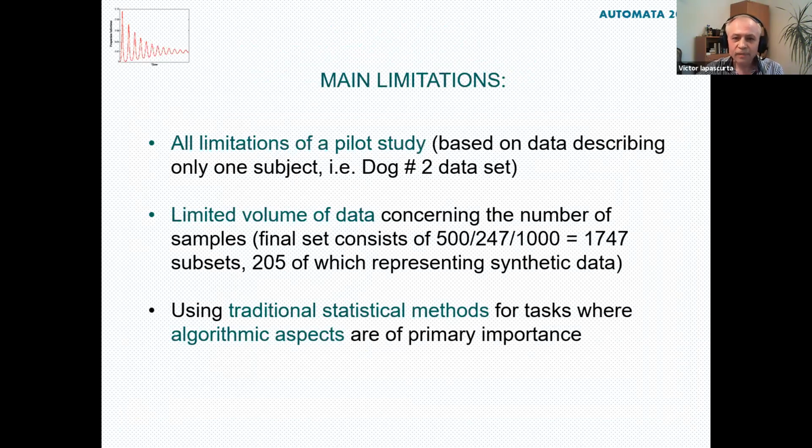Limitations. In fact, there are many limitations. The main ones are all the limitations of a pilot study, when we have only one subject and a limited volume of data, which are important for an effective machine learning model. And the final limitation is a kind of warning.